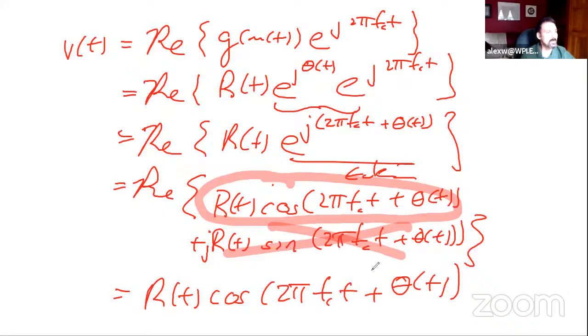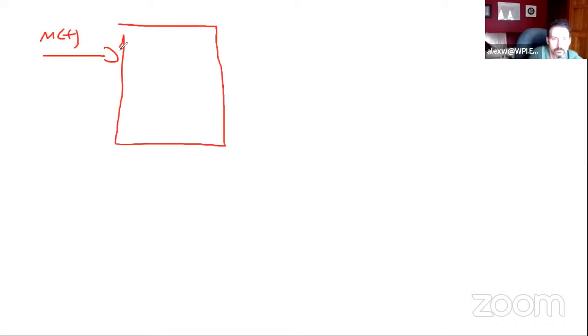So what does my transmitter structure look like here? So what we get is the following. So let's say here's your message signal. My bad. And now what it does is this is my mapping again, right? Mapping to g of m of t.